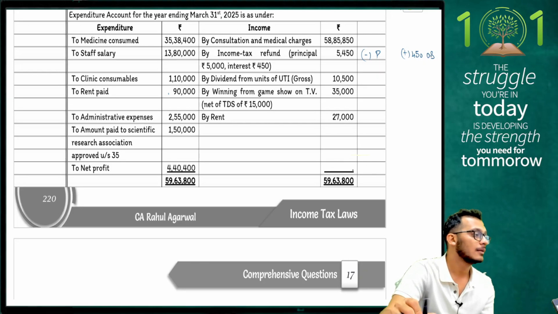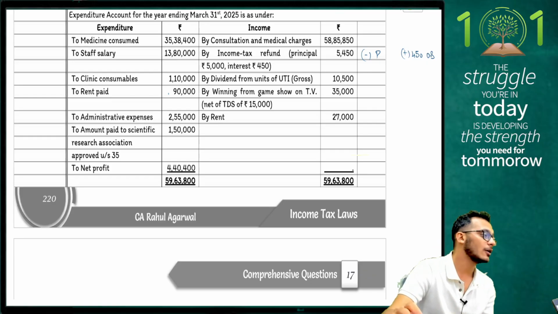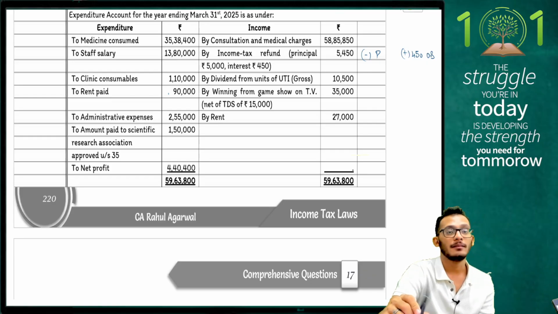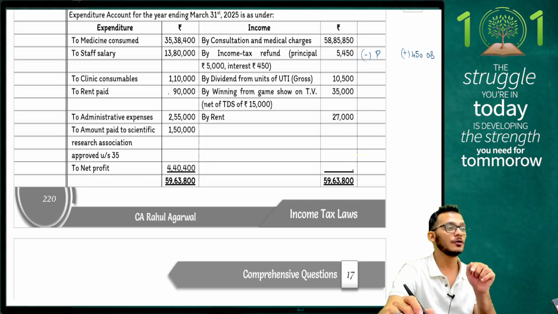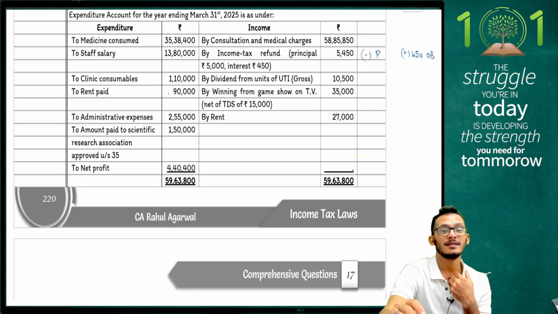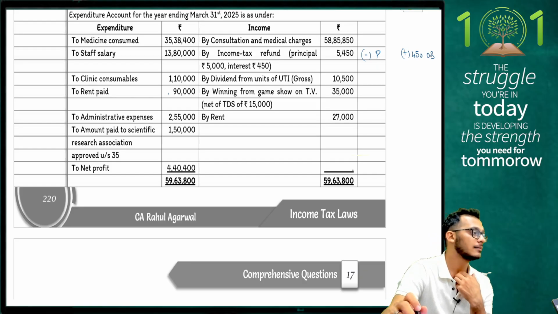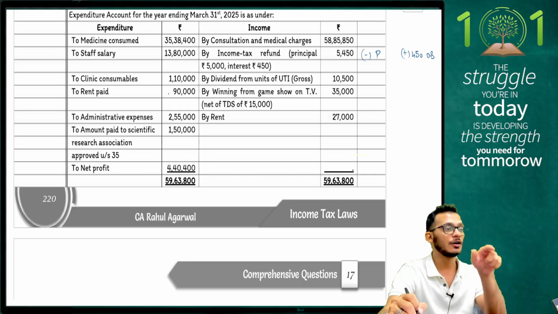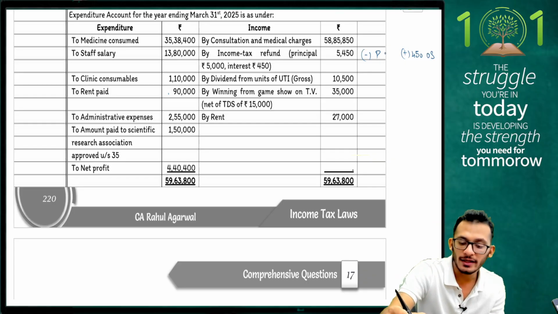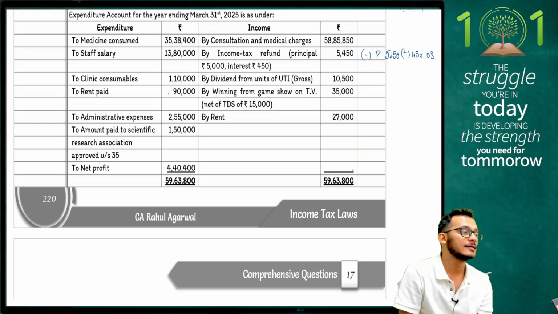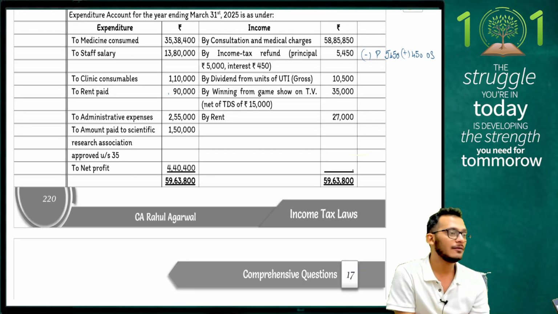I'm removing the full 5,450 because the full 5,450 is impacting my P&L. How much is there in my P&L? 5,450. The whole thing is wrong. So what I remove is 5,450, but what I tax is 450. So please be mindful of this one thing, people.